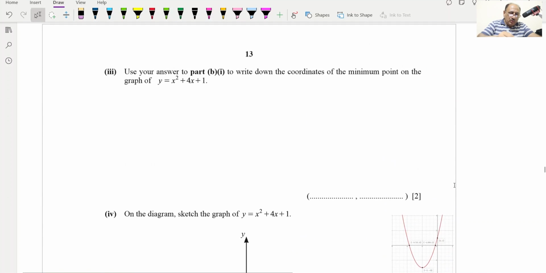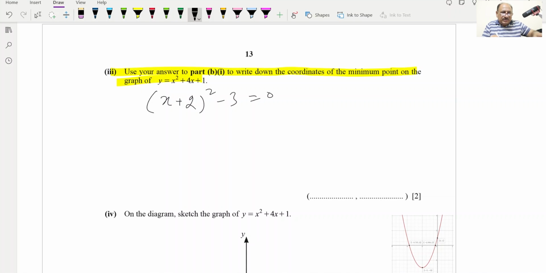Now use your answer to part B1 to write down the coordinates of the minimum point on the graph of y equal to x squared plus this one. If we write the equation which we had just written above in the previous part, we can write the a and b part.